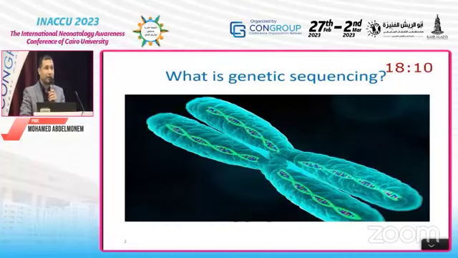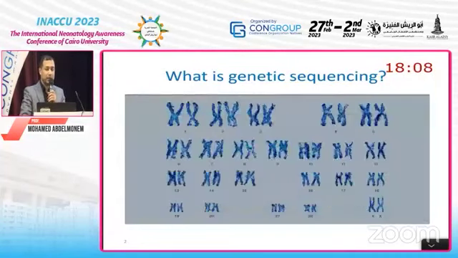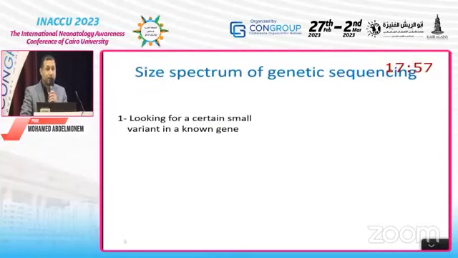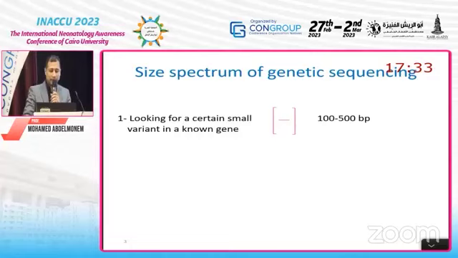Thousands of genes form a chromosome, and 23 pairs of chromosomes form our DNA, our genome inside the nucleus of our cell. To give you an idea about the size spectrum of the tests that we do for genetic sequencing, we can look for a certain small variant in a known gene. If we know the causative or pathogenic variant in a certain family, we can look for this variant specifically, and we usually do a small sequencing of one exon, between 100 and 500 base pairs.